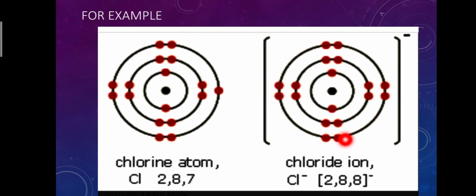So it is a monovalent anion because of one extra electron, and the charge of an electron is negative. While the chlorine atom contains 17 protons, that is 17 positive, and 17 electrons, that is 17 negative, so the chlorine atom has no charge.